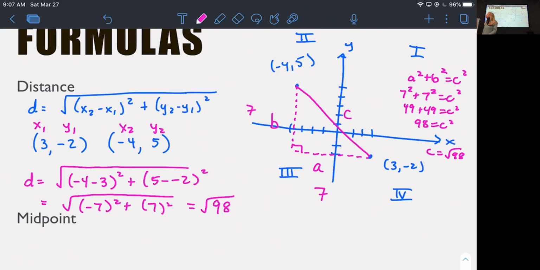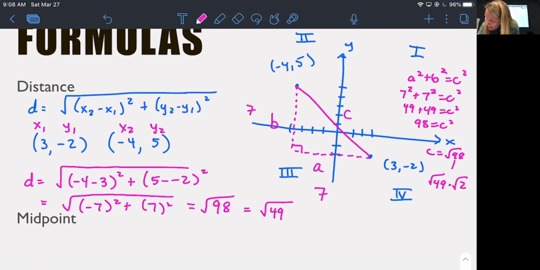So perfect squares are like 1 squared is 1, so 1's a perfect square. 2 squared is 4, so 4 is a perfect square. 9's a perfect square, 16, 25, 36. What's a perfect square that's a factor of 98? What goes into 98 that's a perfect square? Yeah, 49, Nathan. So this is going to be the square root of 49 times the square root of 2.